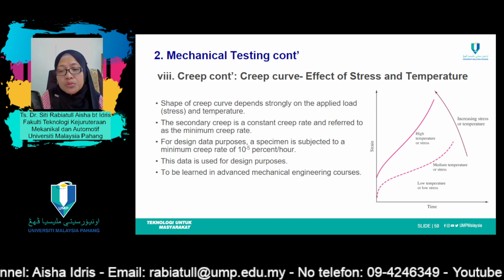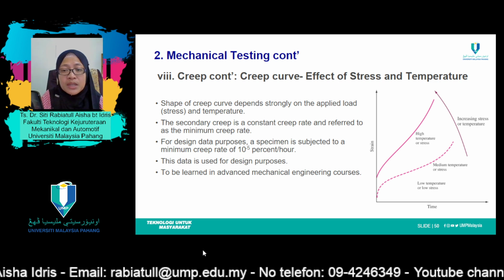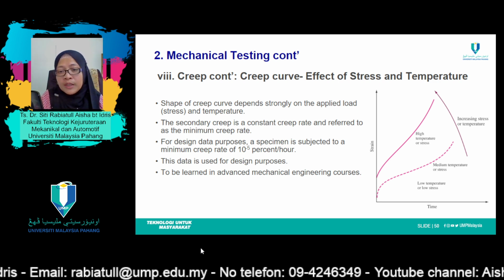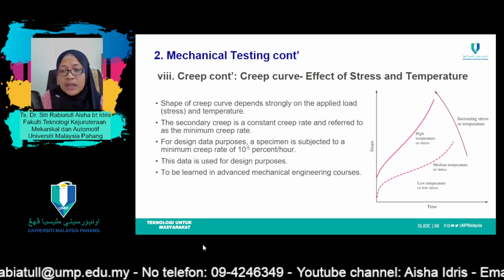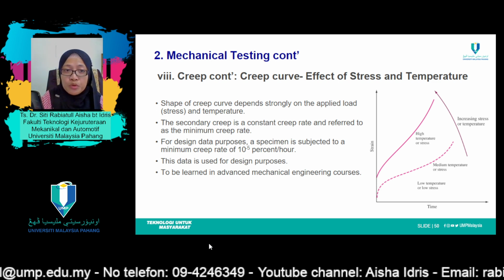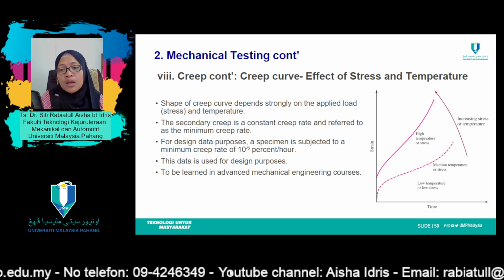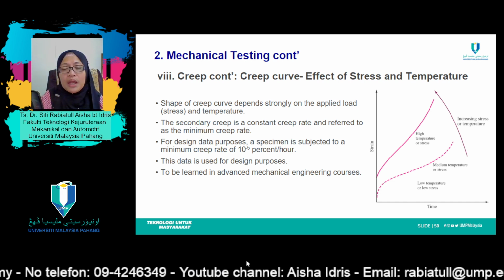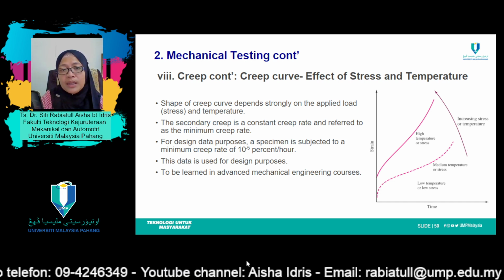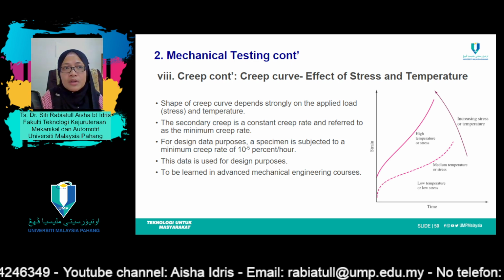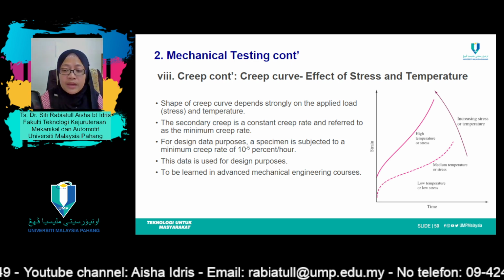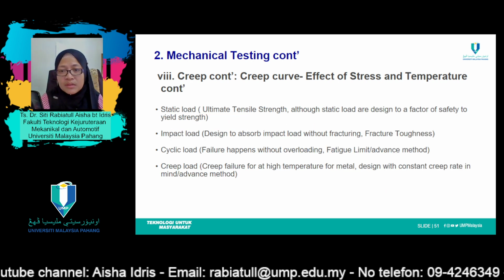This data is used for design purposes. However, this is only an introduction, and the detailed or advanced course you are going to learn in other subjects like mechanical design, solid mechanics, or strength of materials.